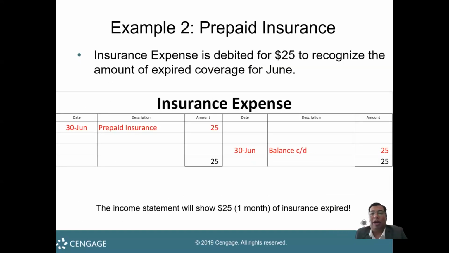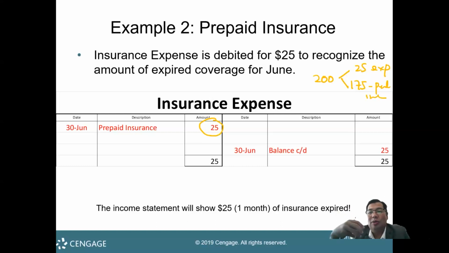Insurance expense is debited for $25 to recognize the expired coverage for the month of June. So this is our expense. From 200, 25 is expense, 175 is prepaid insurance, an asset.